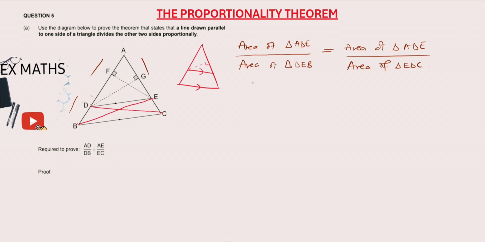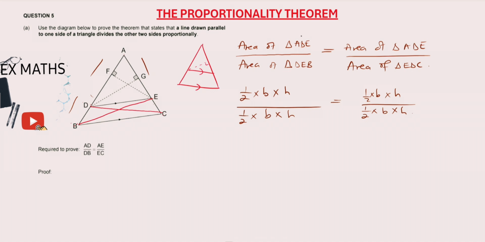The formula for the area of a triangle is half base times height. So this will be half base times height over half base times height, equal to half base times height over half base times height again.